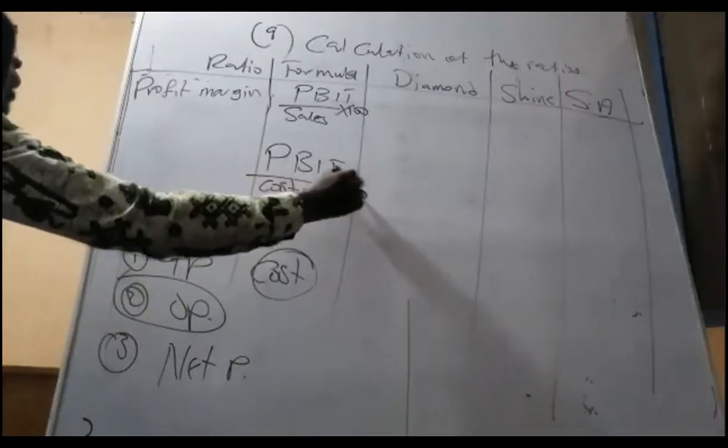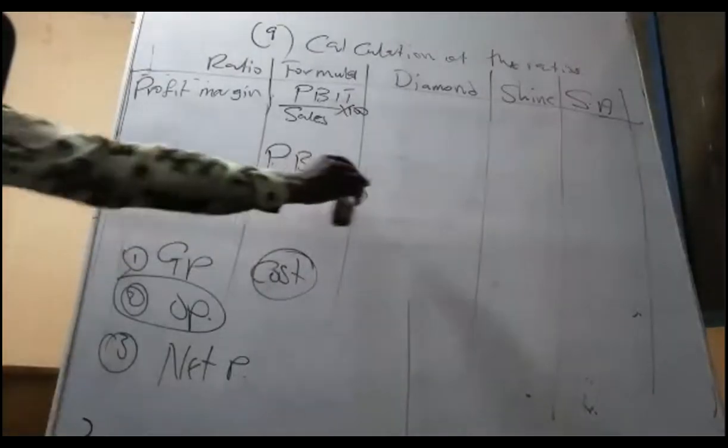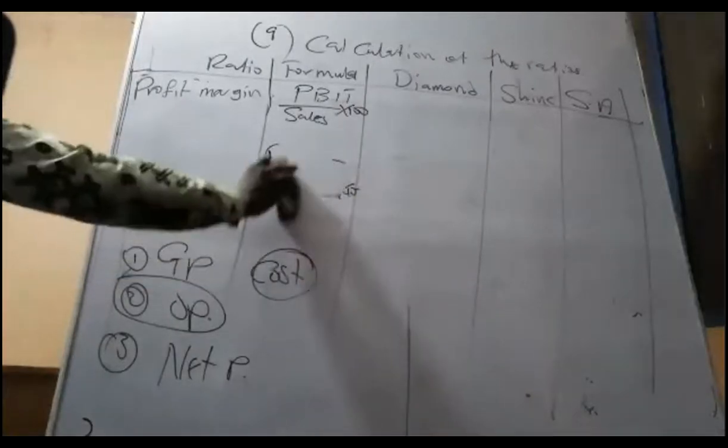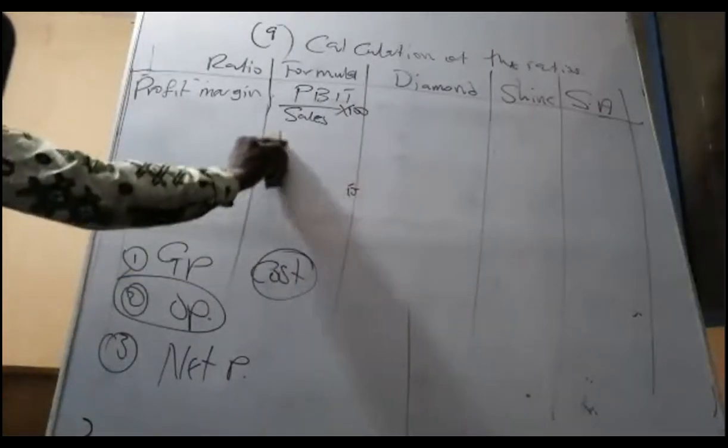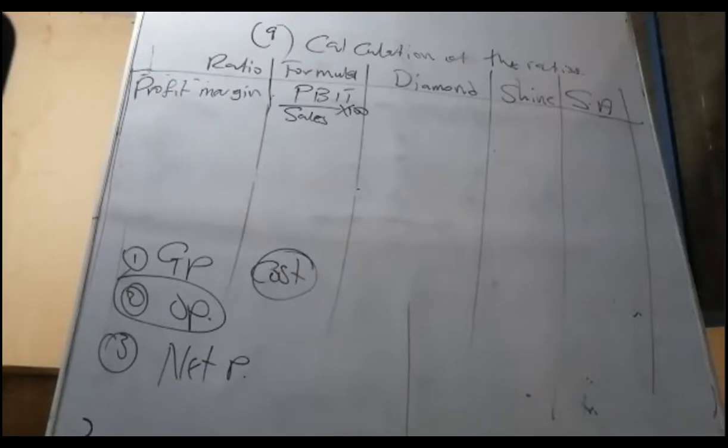So anything markup is that item over cost of sales times 100. You are done. It's just that the most popular one is the margins, not the markups. But who knows if they can change the terrain. Okay, so let's go and pick the profit before interest and tax, and then pick the sales for Diamond and Shine Company. So let's go to the financial statement made available.